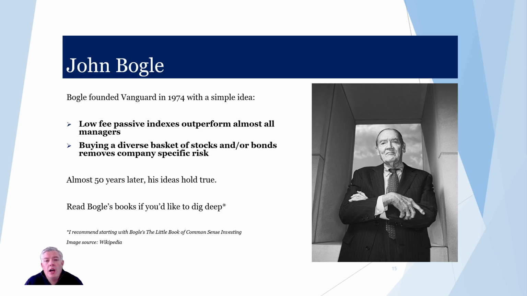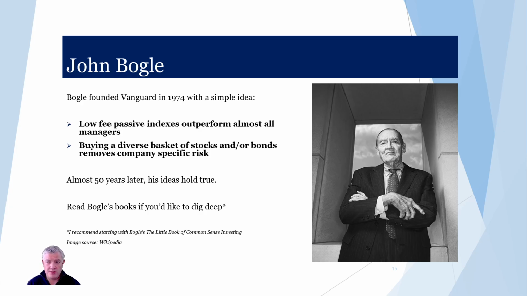The first is that low-fee passive indexes typically outperform the vast majority of managers. I think the number back then was 90% or so of managers underperformed their benchmark index. And the second was that if you buy a diverse basket of stocks or bonds, you remove company-specific risk. So diversification was a way to get away from single risk in any given stock.